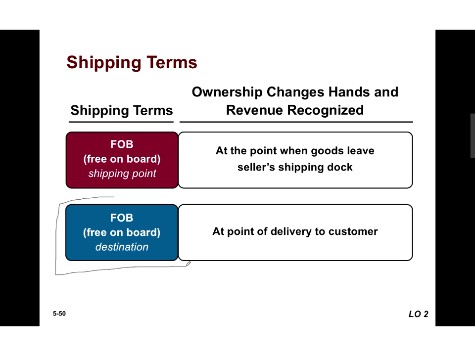So if we sell FOB shipping point, revenue is recognized when the goods leave the shipping dock. So the question you have here is asking, if you sell FOB destination, when is revenue recognized? I'm going to close this in about 5 seconds.